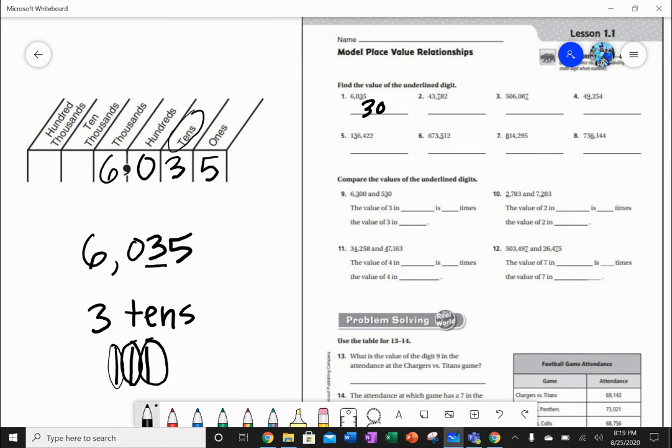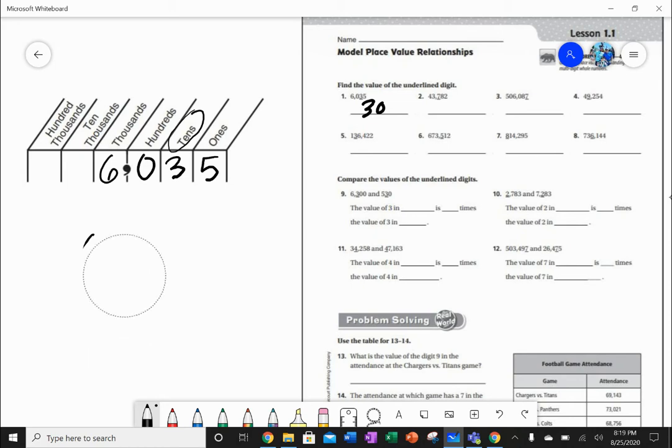Okay, let's look at number 9. So let me erase this because we'll be using this in a bit. And so number 9 says here, compare the values of the underlined digits. We have 6,300 and 530. And then we have some fill-ins.